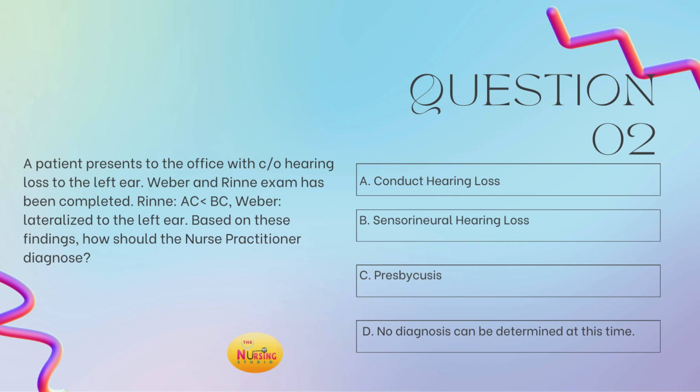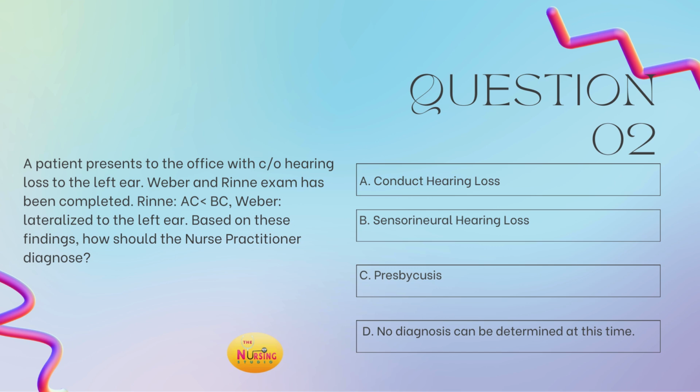So here, the Rinne results, BC is greater than AC. So we know that's abnormal. AC is supposed to be greater than BC, meaning air conduction is supposed to be greater than bone conduction by a 2-to-1 ratio. When bone conduction is greater than air conduction, that is an abnormal finding. So we'll hold that here, right, knowing that this is abnormal.